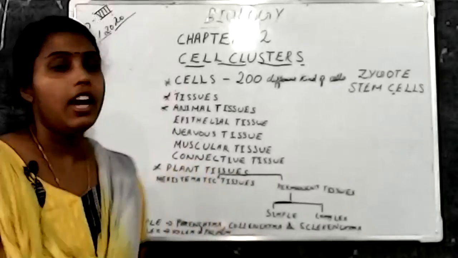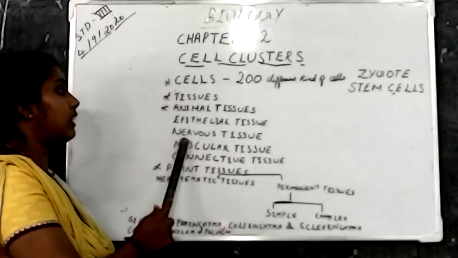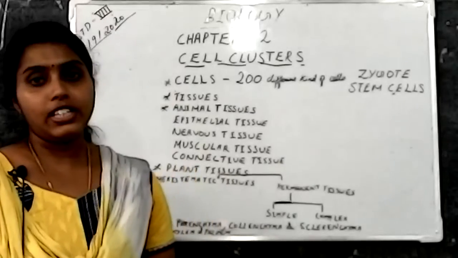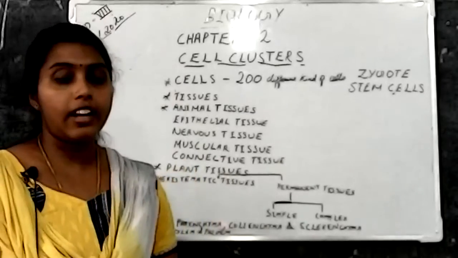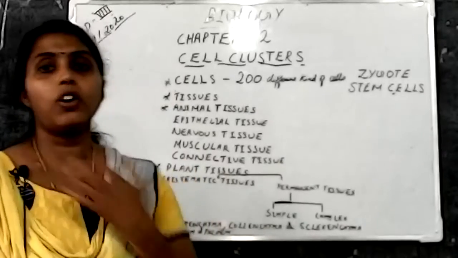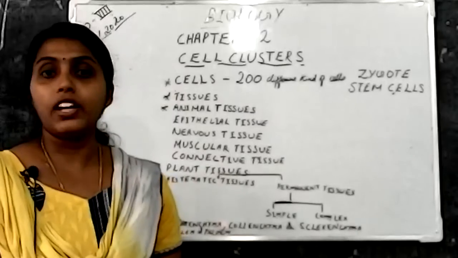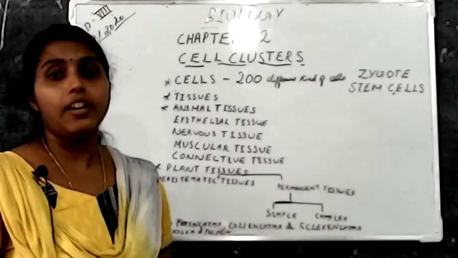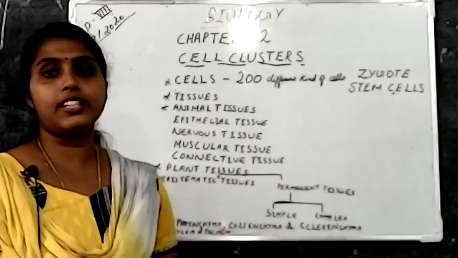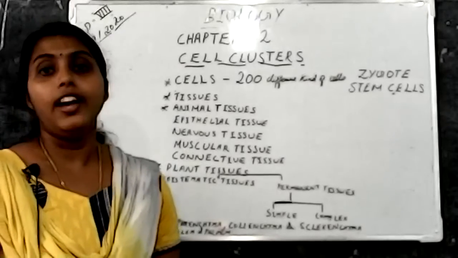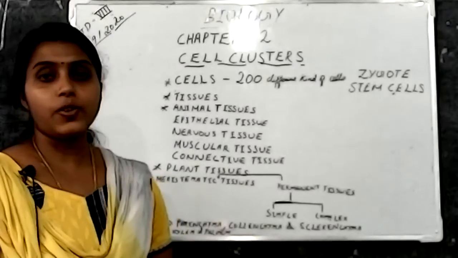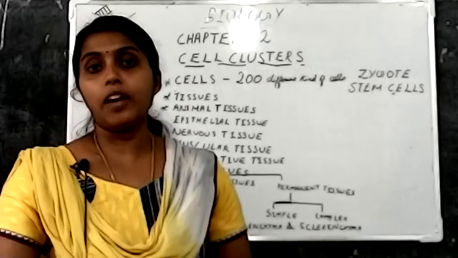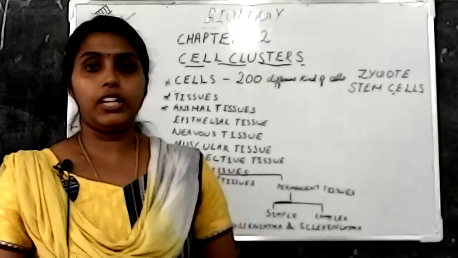This is about the epithelial tissue. Then nervous tissue controls and coordinates our activities. It can send messages to the brain about what is happening around us. If we touch an object, that message is transported through the nervous tissue to the brain, and it gives the response according to the stimulus.